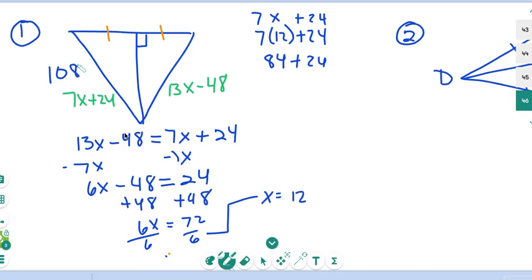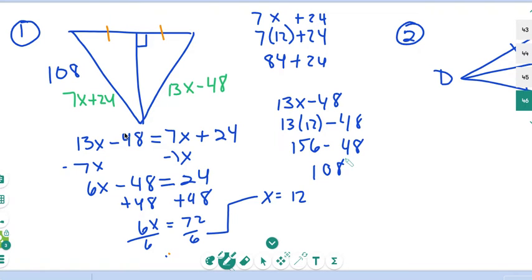So let's check the other side. 13x minus 48. So 13 times 12 minus 48 is 156 minus 48 is 108. So we know that we've done it correctly. They're both the same length.